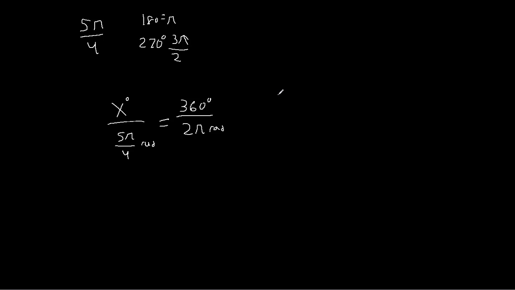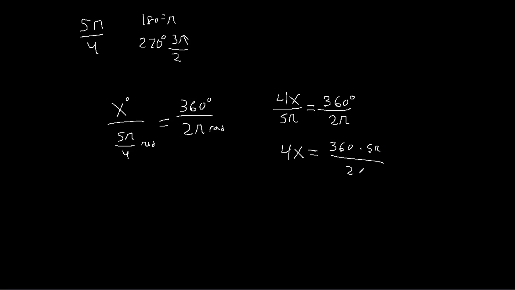So this is going to become 4x over 5 pi is equal to 360 degrees over 2 pi. Okay. Then we're going to multiply both sides by 5 pi. I'm going to go a little slower on this one just because there's more numbers involved and things don't cancel quite as cleanly. So we have 4x equals 360 times 5 pi over 2 pi.